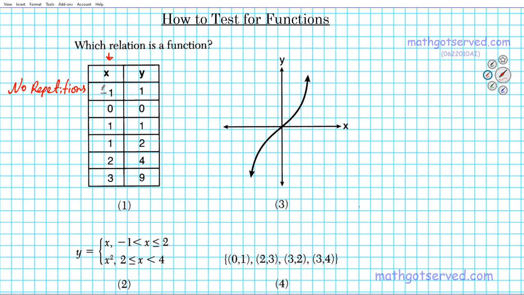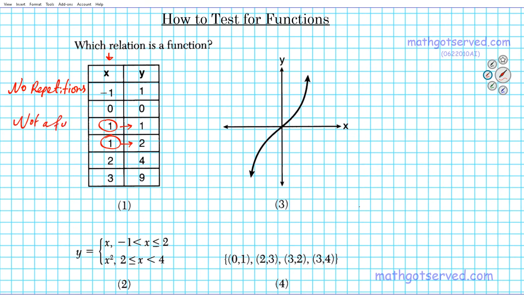Let's take a look at the input values here. -1, there's only one -1. 0, there's only one 0. We have two ones. So we have 1 going to 1 and 1 going to 2. The same input is going to two different outputs, so this relation is not a function.